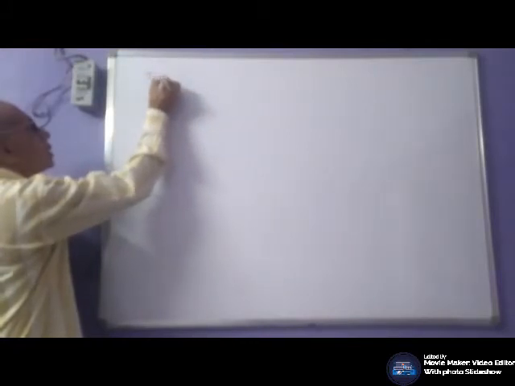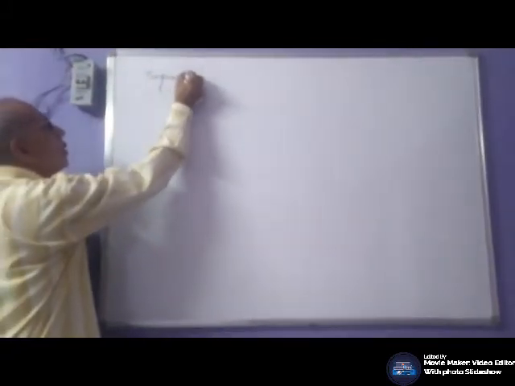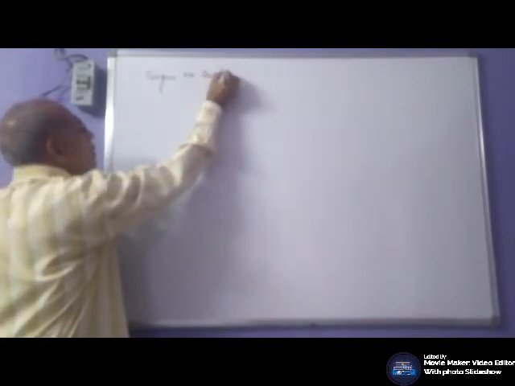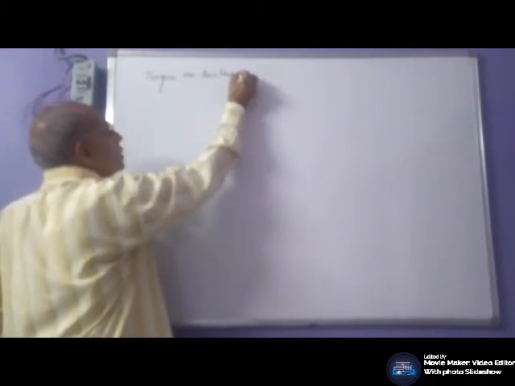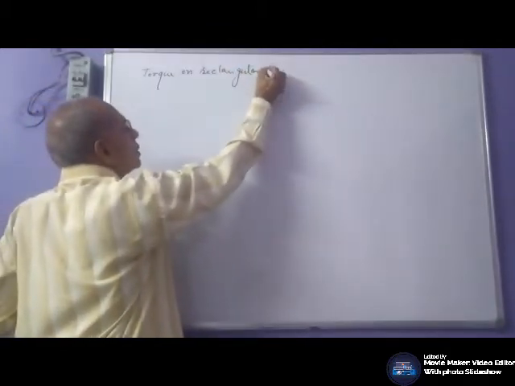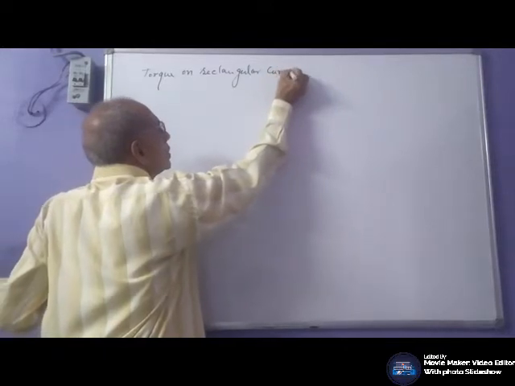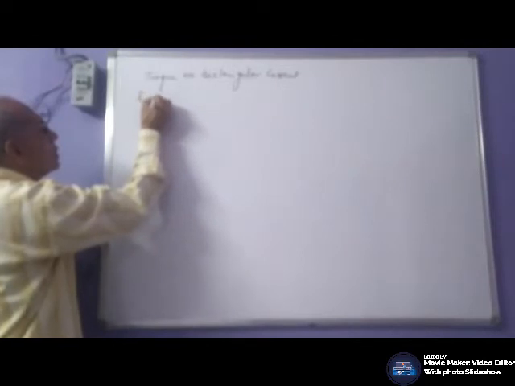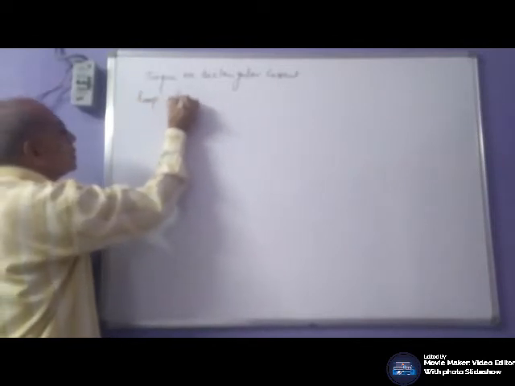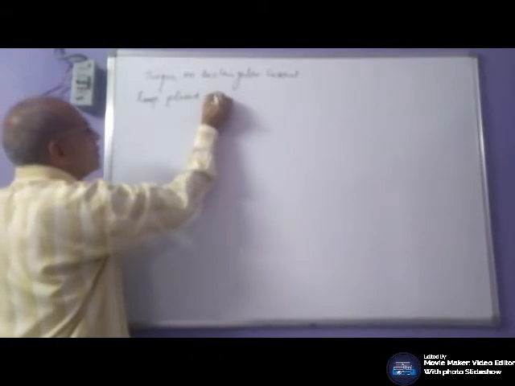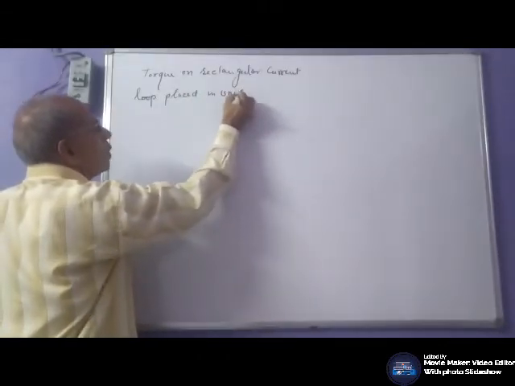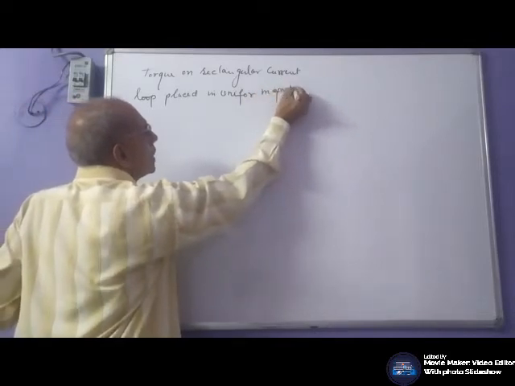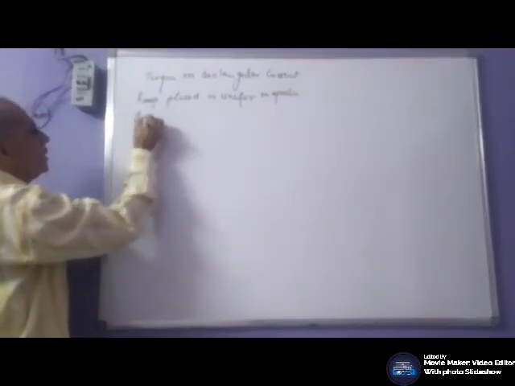Torque on a rectangular current loop placed in a uniform magnetic field.